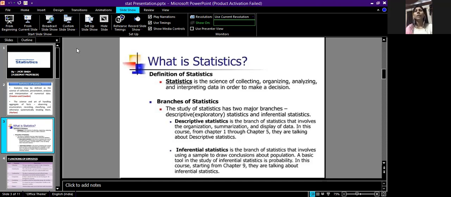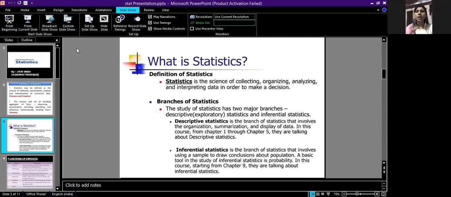So that is the primary source of data. Secondary data is data that has already been collected by somebody else, and we are using that already collected data for our research process, for our analysis. This is the difference between primary data and secondary data.